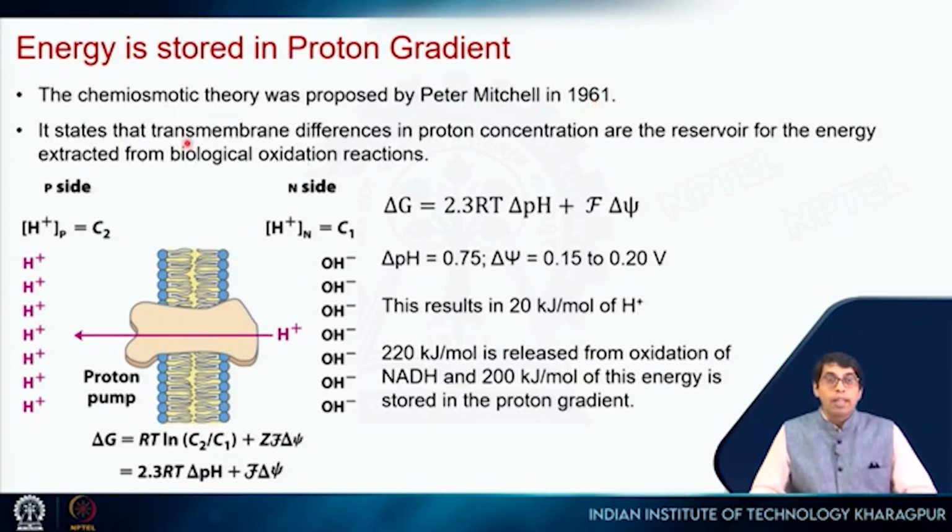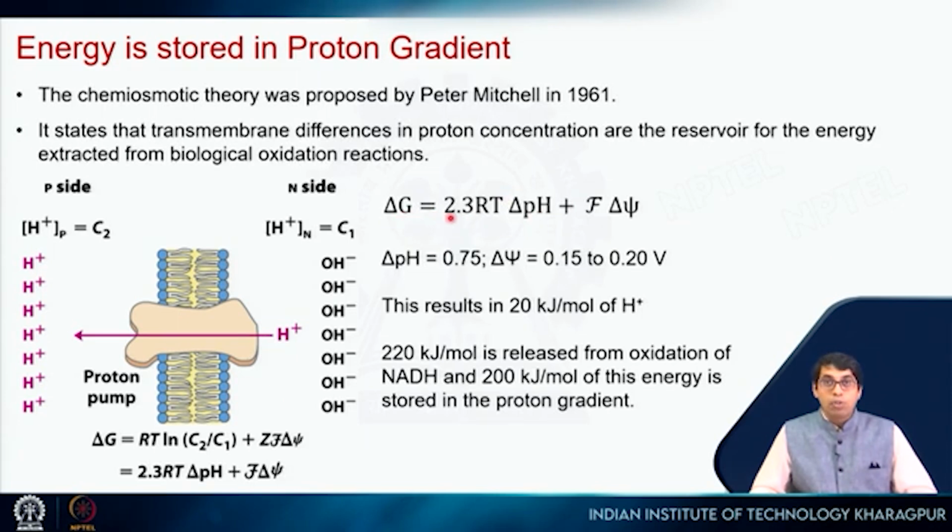It states that the transmembrane differences in proton concentration are the reservoir for the energy extracted from biological oxidation reactions. So the energy that is extracted from the oxidation of glucose is now stored as this transmembrane difference in proton concentration, right?